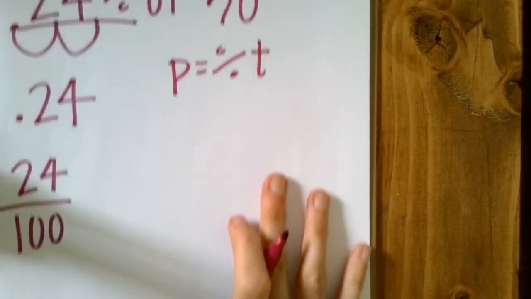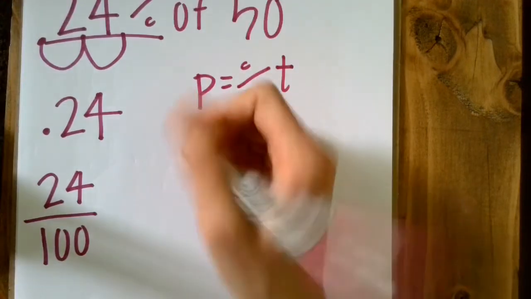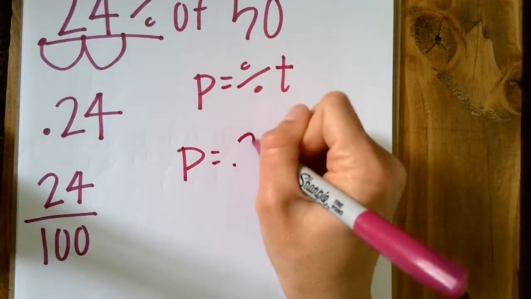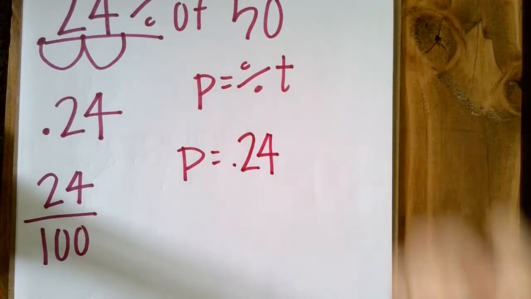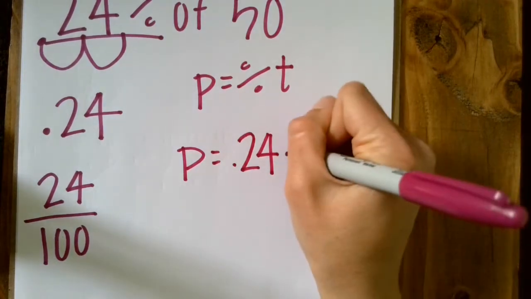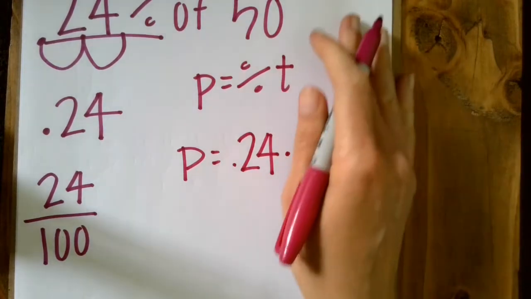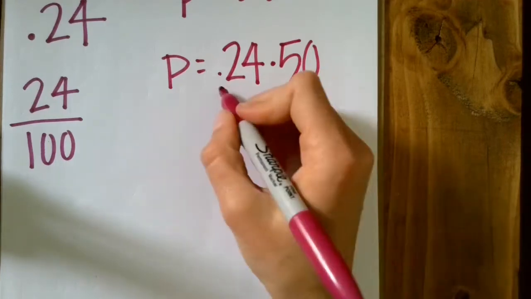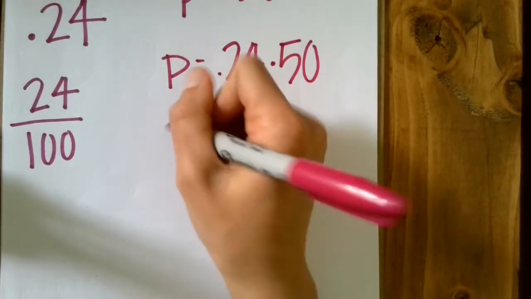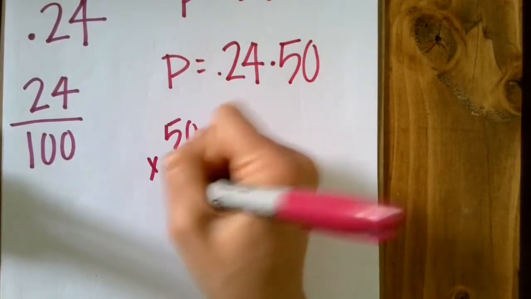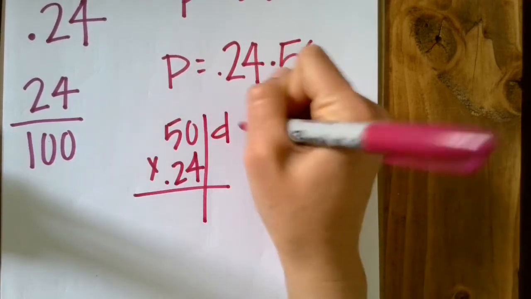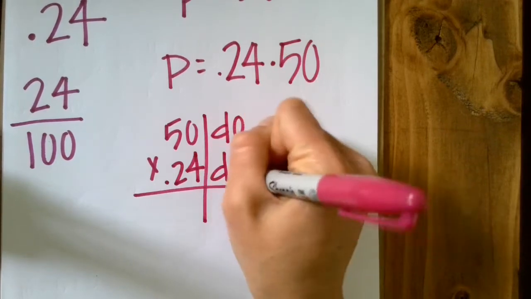So I'm going to fill this equation in with what I know. The part is going to be equal to the percent as a decimal, so 24 hundredths, times the total. In this case, our total was 50, so times 50. Then multiply 24 hundredths times 50, remembering to put how many decimals I have off to this side.